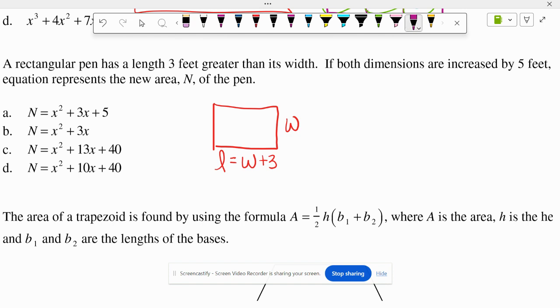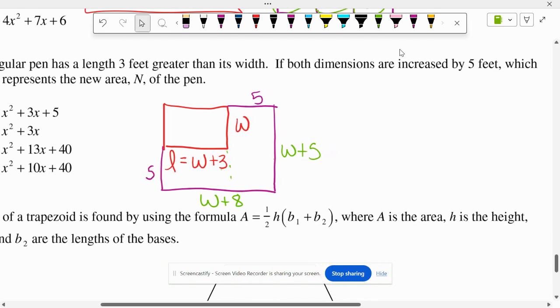It says if both dimensions are increased by 5, meaning I add 5 this way and I add 5 this way, what are your new measures? Well, my length now becomes W plus 3 plus 5, which is W plus 8. And my width now becomes W plus 5.